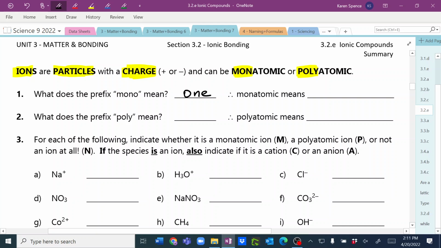Therefore, a monatomic means what? One atom, made of one atom. Tell your partner, what does poly mean? Poly means many. Therefore, polyatomic means that something is made of many atoms.